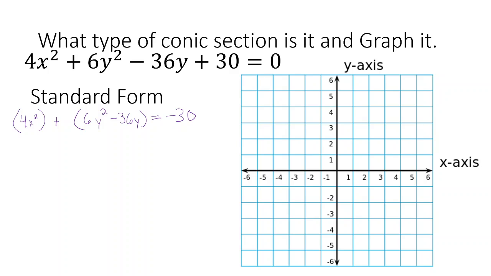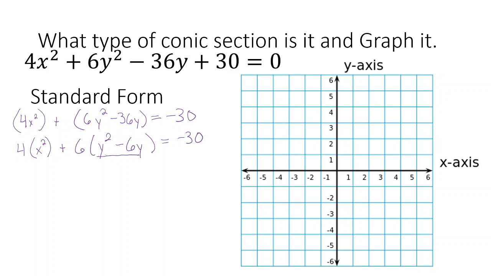All right, now what I'd like to do is factor out the coefficients, so I've got 4 times x squared plus 6 times y squared minus 6y equals -30.